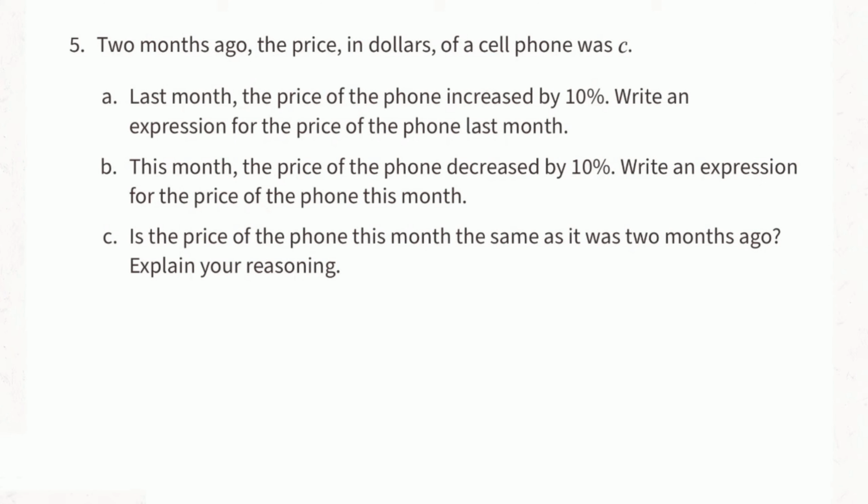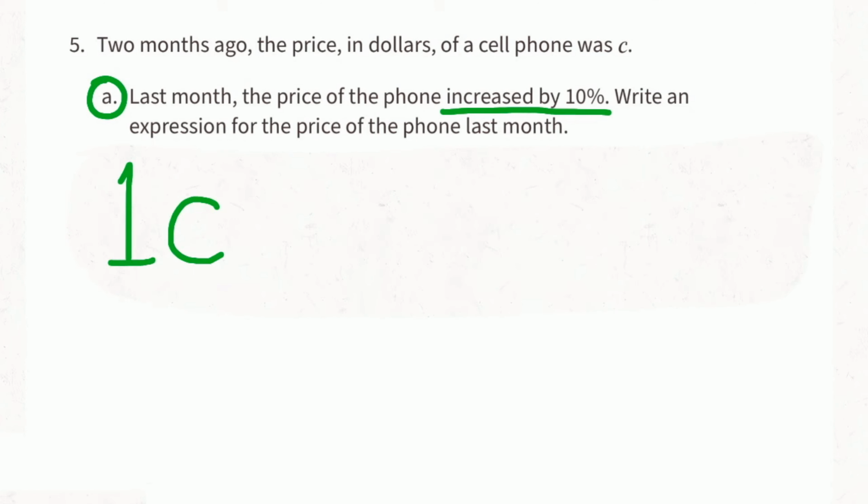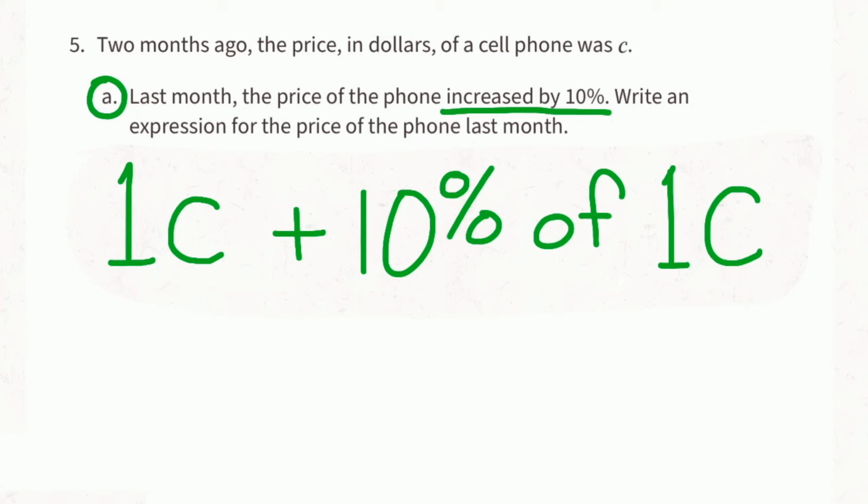Problem number 5. 2 months ago, the price in dollars of a cell phone was C. A. Last month, the price of the phone increased by 10%. Write an expression for the price of the phone last month. 1C, or C, represents the price of the phone 2 months ago, and this month the price increased by 10%, so we need to add 10% of the price of the phone from last month.